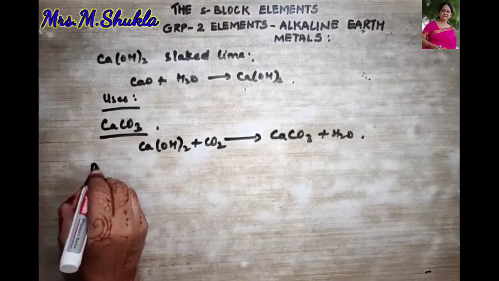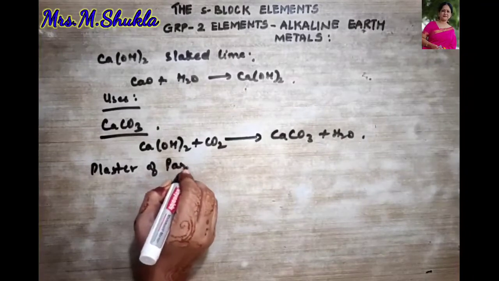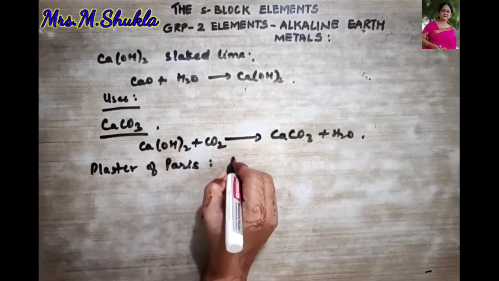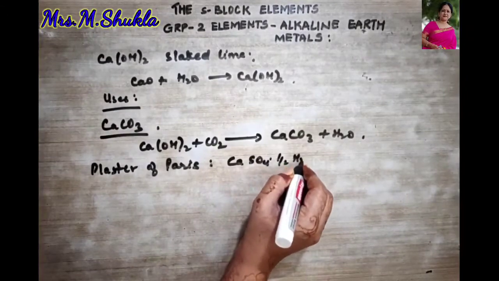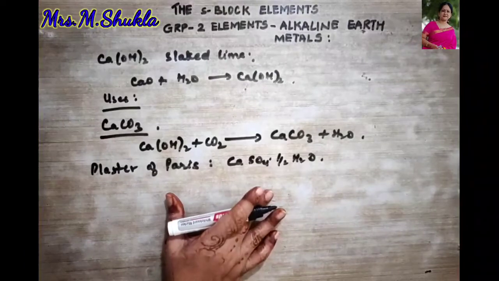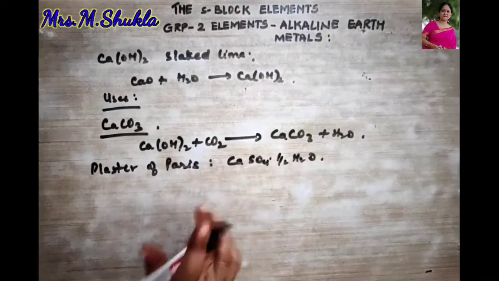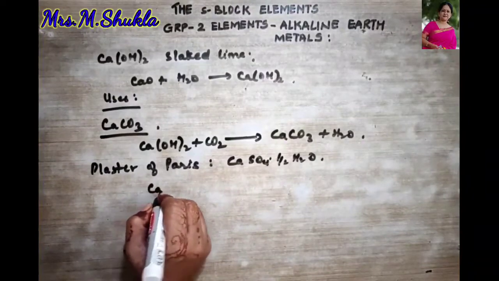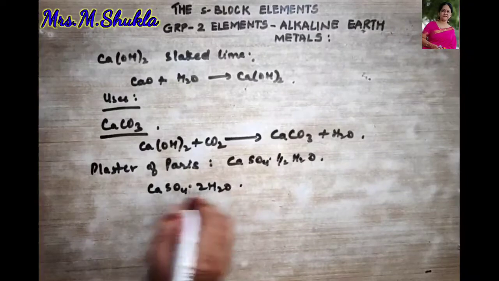Okay. The last compound that we have for calcium is calcium sulfate, which is also called plaster of Paris, that is CaSO4 dot half H2O, right? Now, how is this obtained? This is obtained by heating gypsum at 393 Kelvin. So your gypsum is CaSO4 dot 2H2O.